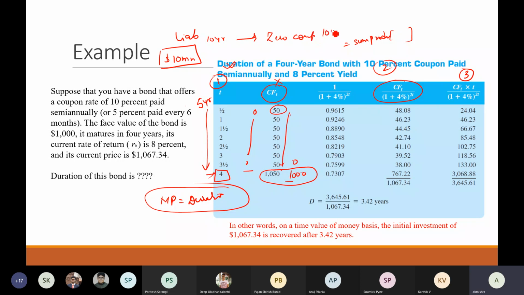Let's say a 1,000 face value zero coupon bond, and they can buy 10,000 zero coupon bonds, having 10 year maturity. Why 10-year maturity? Because for a zero coupon bond, maturity period is equal to duration.